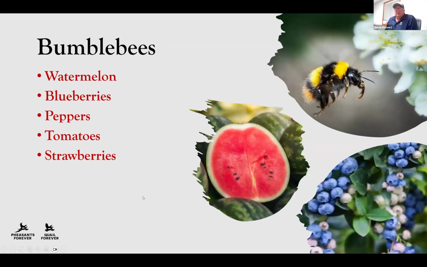Bumblebees, along with monarchs, are maybe one of the more thought-of pollinators. They're a native pollinator, but they're really important to our watermelons, blueberries, peppers, tomatoes, and strawberries, to our produce.